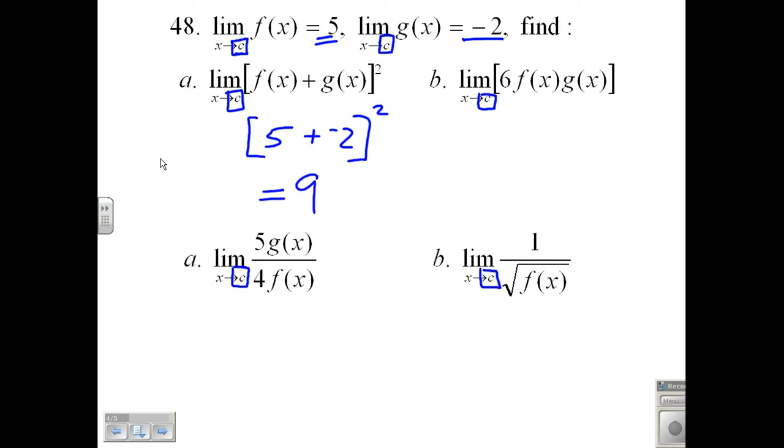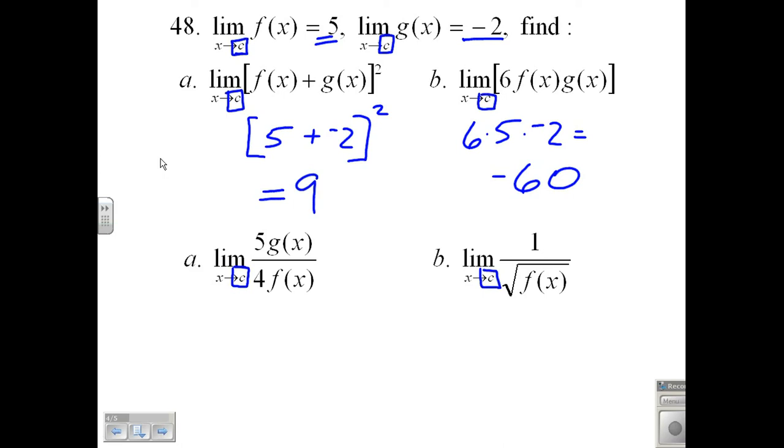And isn't it great that that is in fact something you can do? Likewise, b, wouldn't it be great if we could just say that the limit as x approaches c of 6 times f of x times g of x would be 6 times the limit of f of x as x approaches c, 5, times g of x as g approaches c, negative 2. And it is.